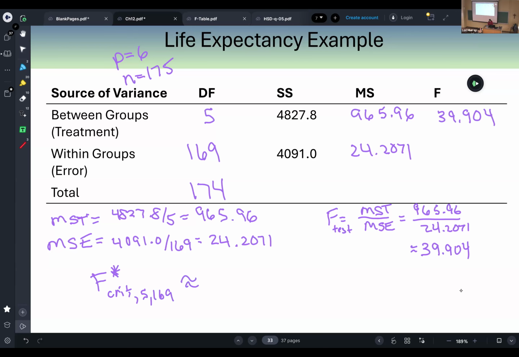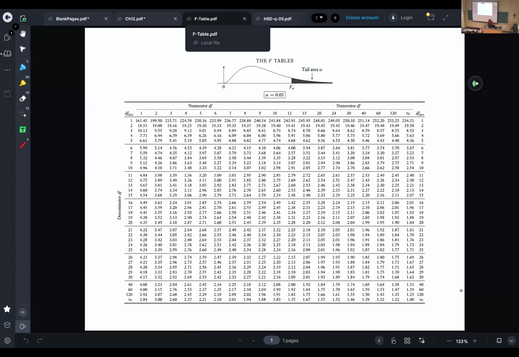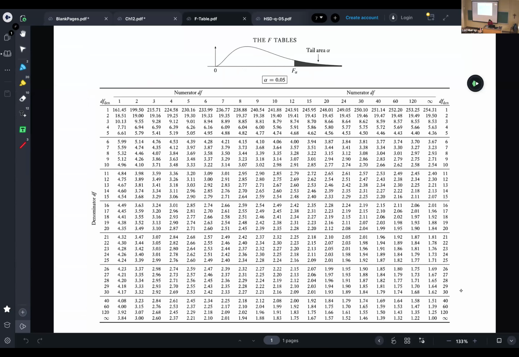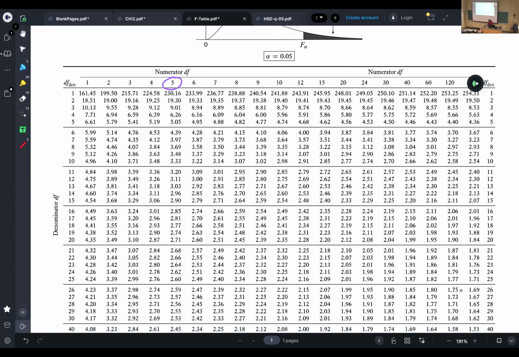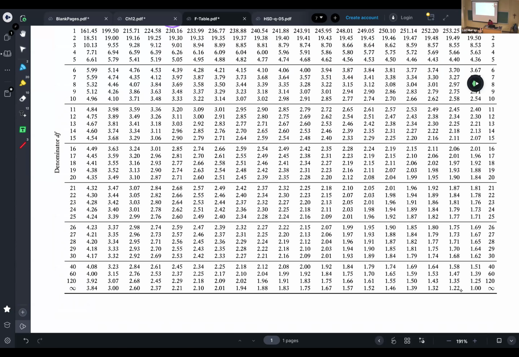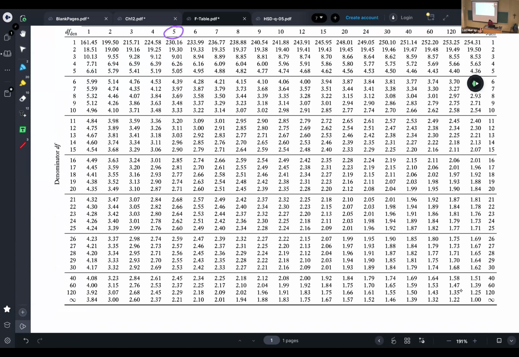I don't think we have 169 degrees of freedom in the table. So what will we do? We have a 5, and we'll use our largest one. Don't use infinity, just use our largest value.